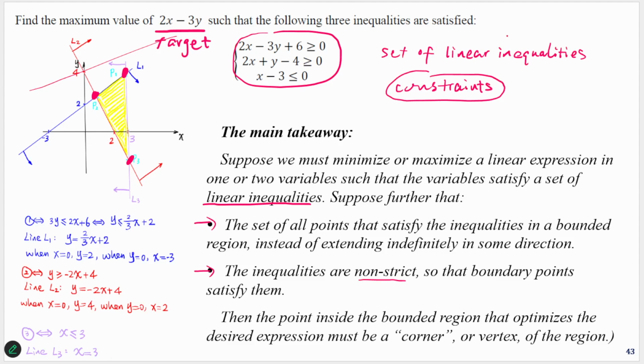So it must be touched at some point on the vertex, right? And of course, if you have an open region, sometimes it's possible to optimize your target expression, and sometimes not. So this is a method that we can use to optimize a linear target function.